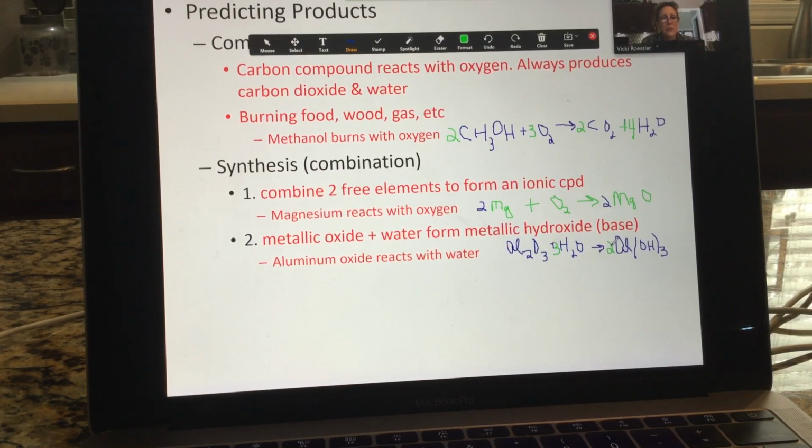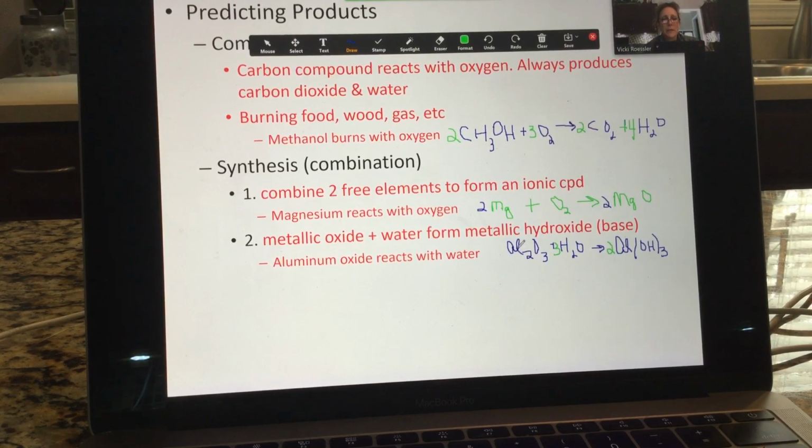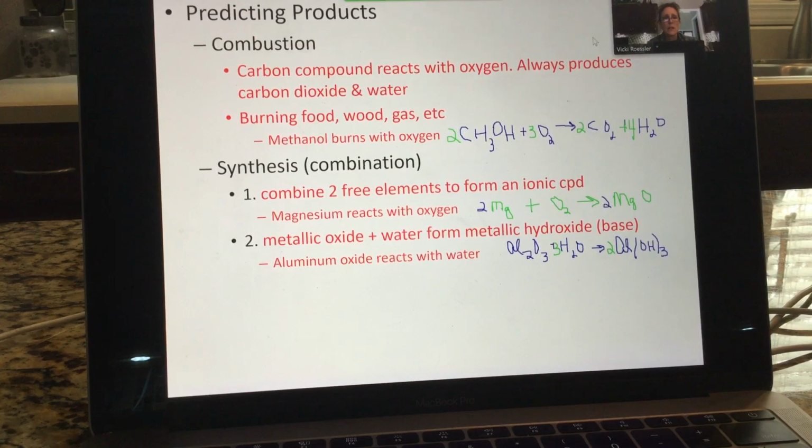So there's our balanced reaction. But again, we started out with a metallic oxide, so metal, oxygen, metallic oxide, and water. And that's your indication that that will form a metallic hydroxide, or a base. And again, we need to remember crisscross charges anytime we're dealing with a metal.